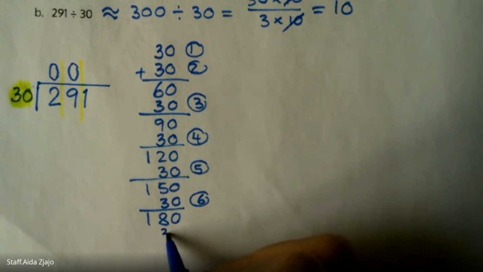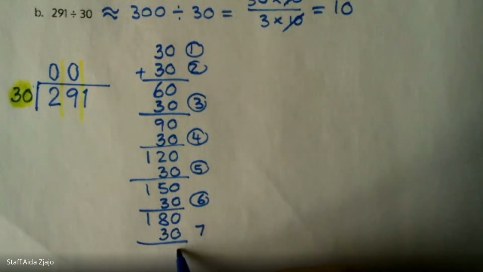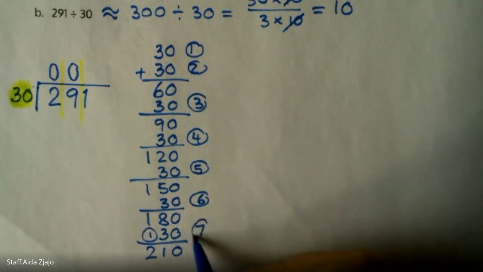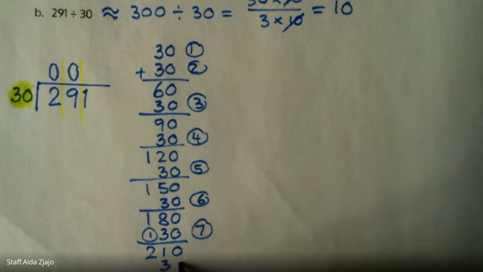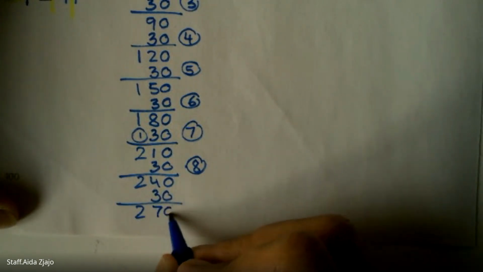So another 30, that's 7 groups, 210. And then 30 is 240. And then, hold on, 30 more is 270, and that is our final answer.